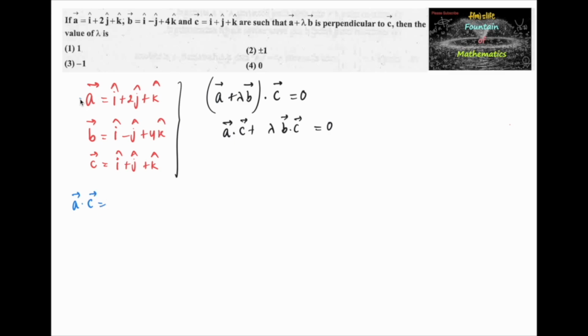A dot C vector is equal to 1 ones are 1 plus 2 into 1 is 2 plus 1 into 1 is 1, which is 4. So this is 4 plus lambda times of B dot C. We can write 1 into 1 is 1, minus 1 into plus 1 is minus 1, plus 4 into plus 1 is plus 4, which is equal to 4.